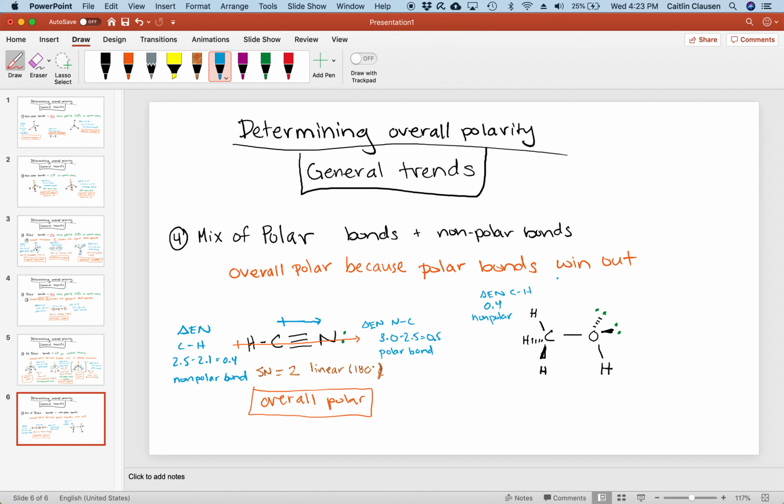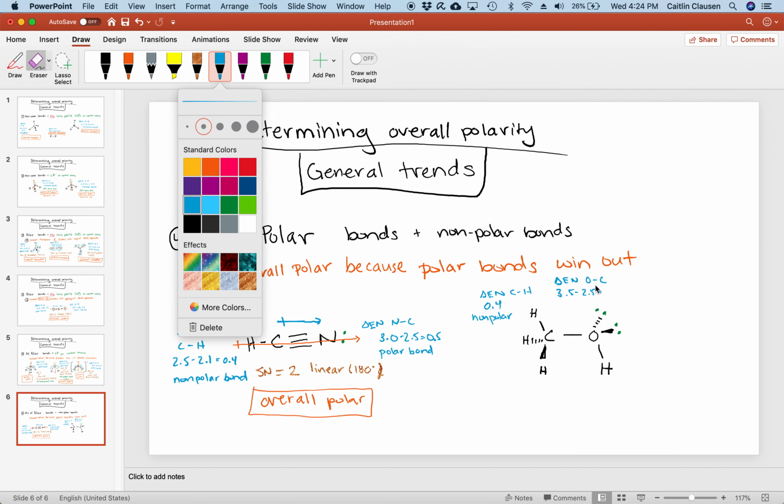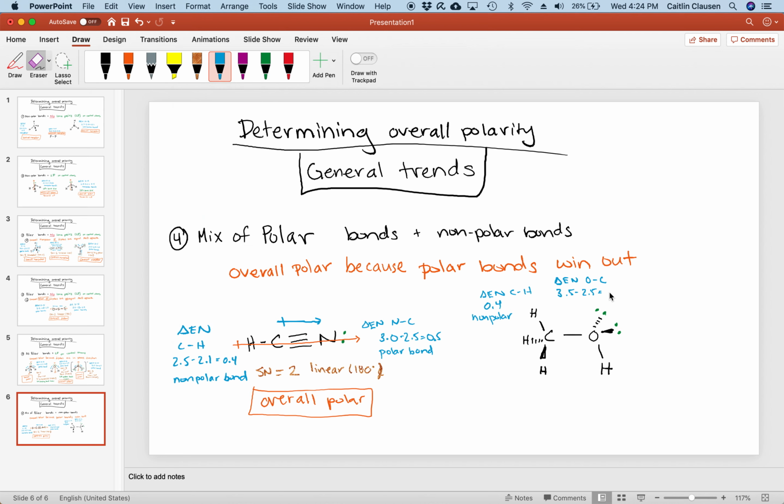Carbon's also attached to oxygen, so I need to calculate delta En, oxygen and carbon. Oxygen's 3.5, carbon is 2.5, 0.5. Oh, sorry, that's 1. That's polar.